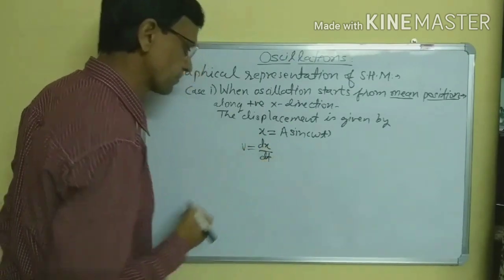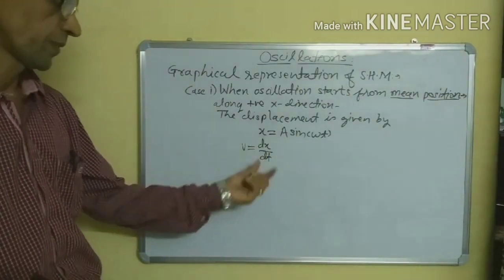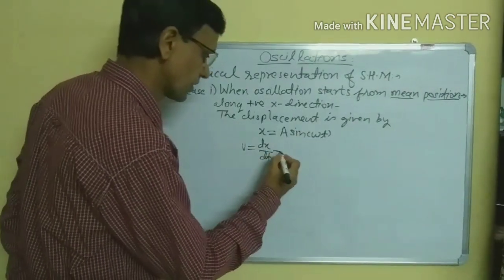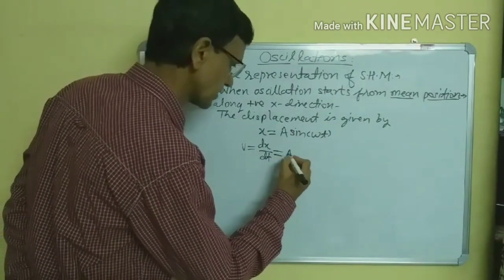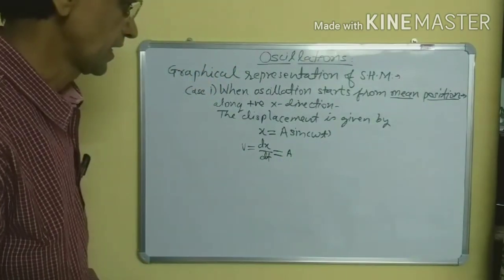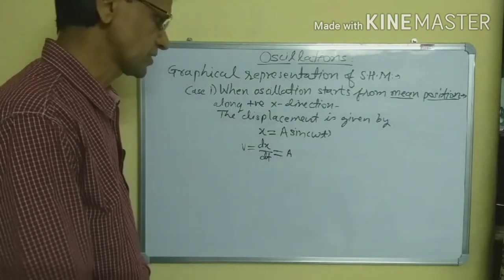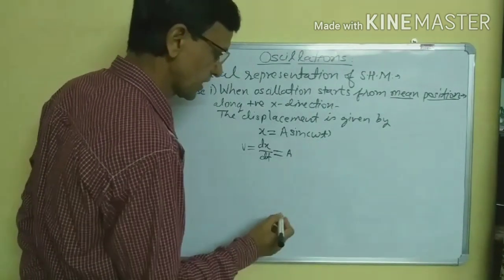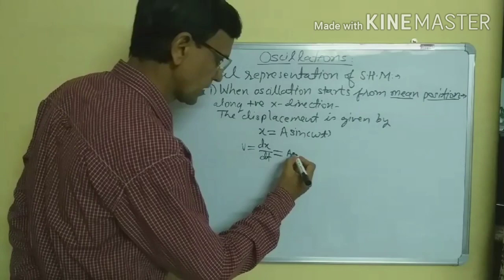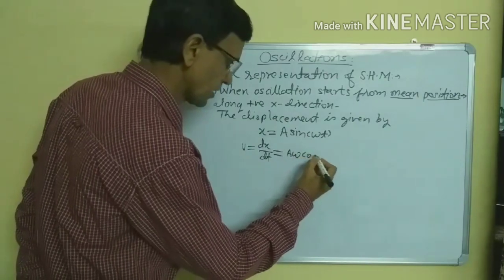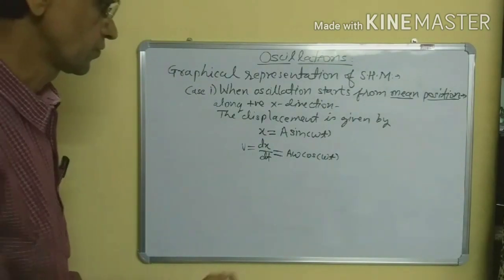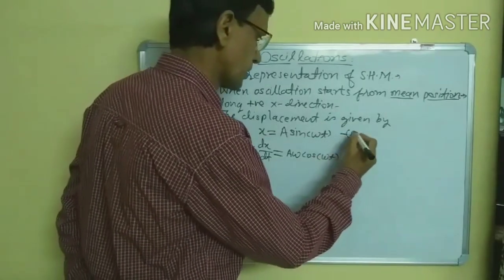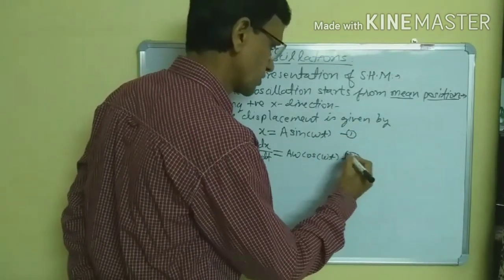The derivative of the RHS: a is a constant, derivative of sin omega t is cos omega t, and derivative of omega t with respect to time is omega. Therefore a omega cos omega t is the expression for the velocity of the particle.